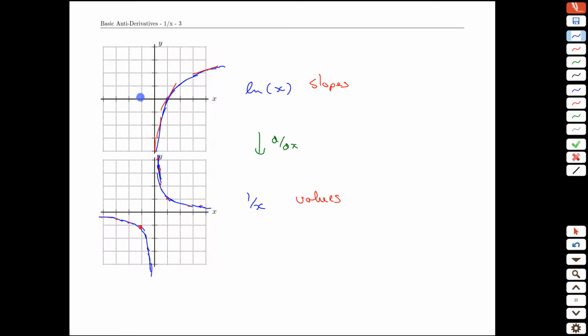If you start to sketch this mirror image graph and look for the slopes, the slope at this point here would be -1. That perfectly matches the value on this graph. Slopes are getting more and more negative, the values are getting larger and more negative. This mirror image of the ln of x graph, when I take its derivative, gives me the 1 over x graph even for negative x's.